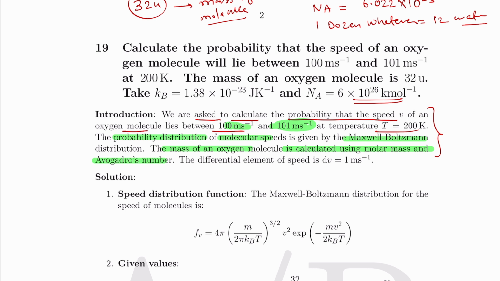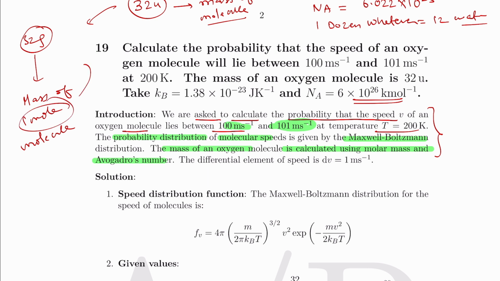But if it is 32 gram, then it is the mass of 1 mole of molecules, and 1 mole is always the Avogadro number.